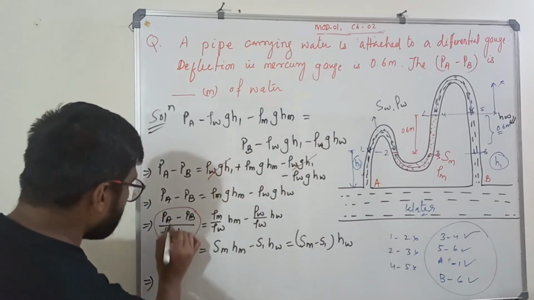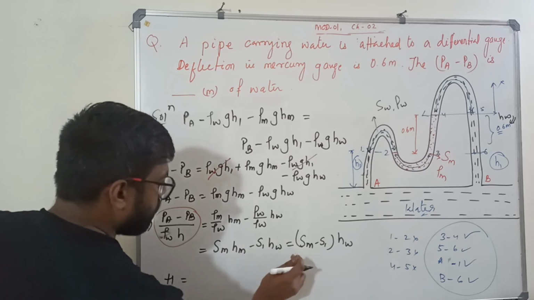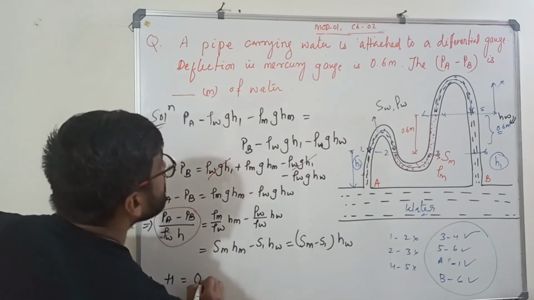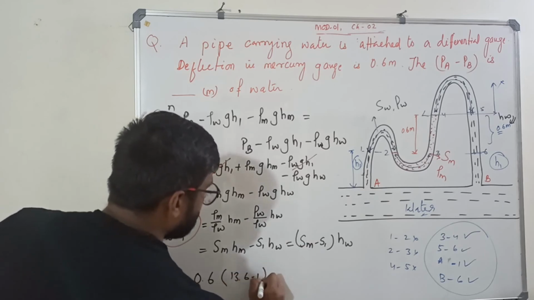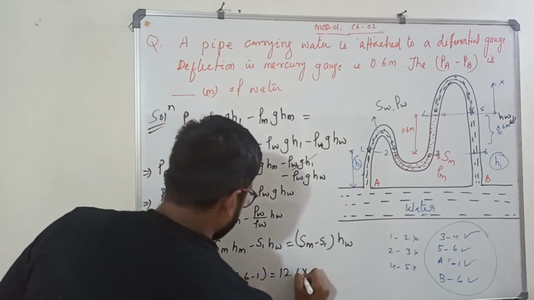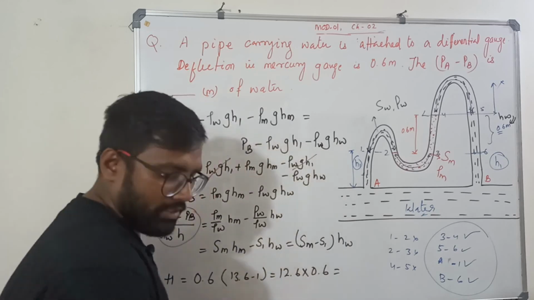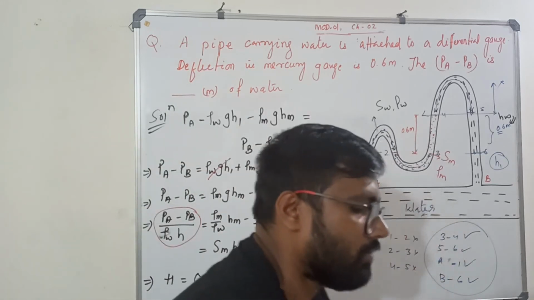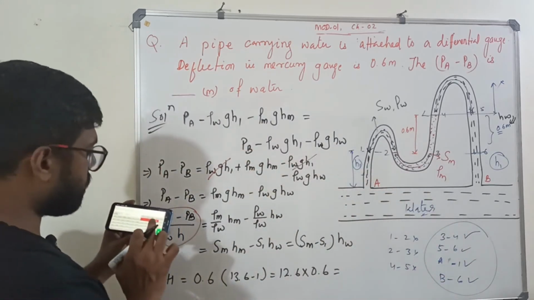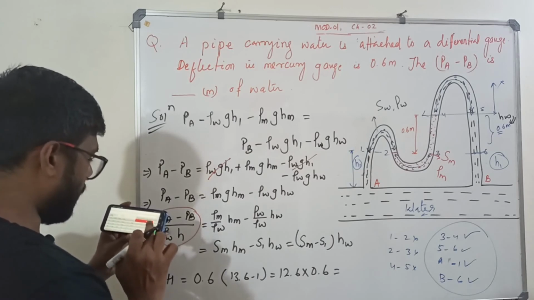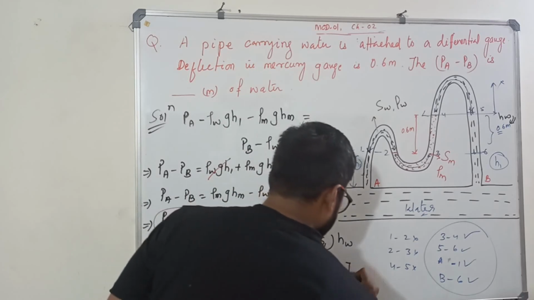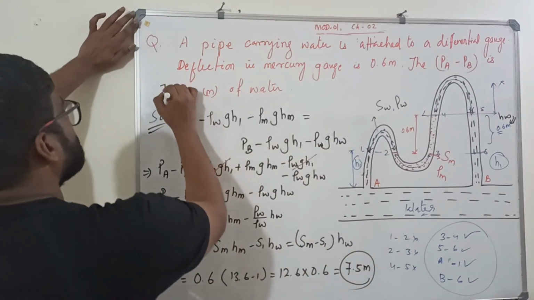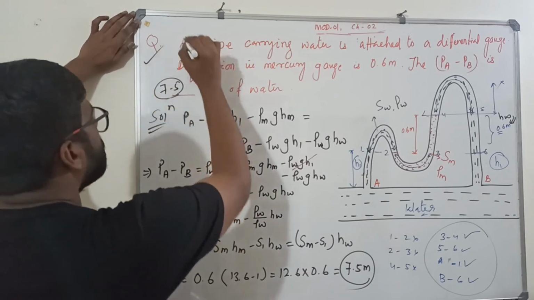So this implies capital H equal to Hm is how much? 0.6. 13.6 minus 1, that is 12.6, multiplied by 0.6. How much are you getting? Please use your virtual calculator. 12.6 multiplied by 0.6, I am getting the answer 7.5. So 7.5 meter of water. The answer is 7.5 meter of water.